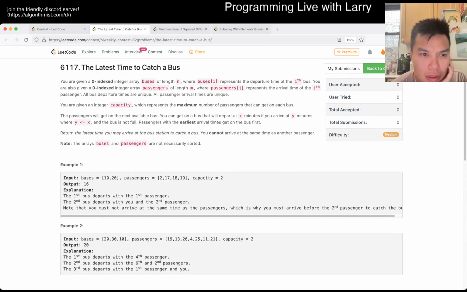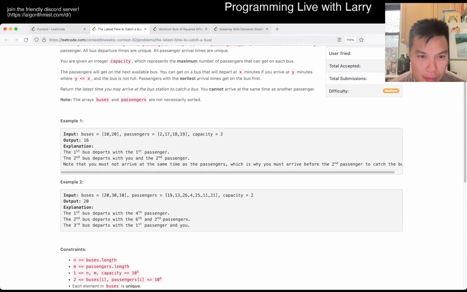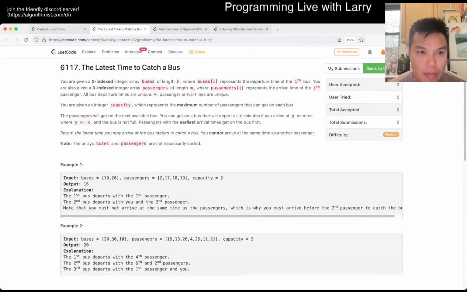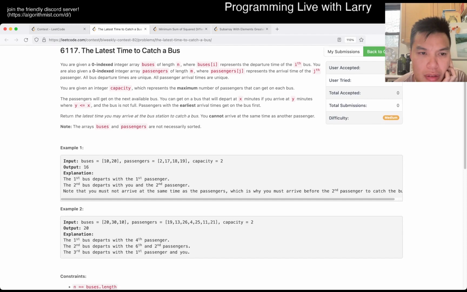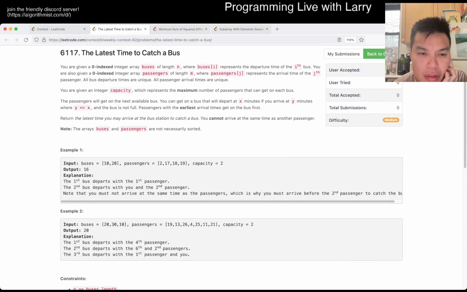Departure. That's very wordy. Okay. First bus.